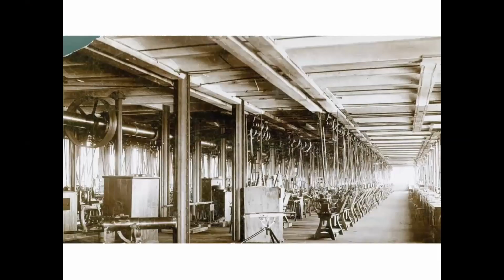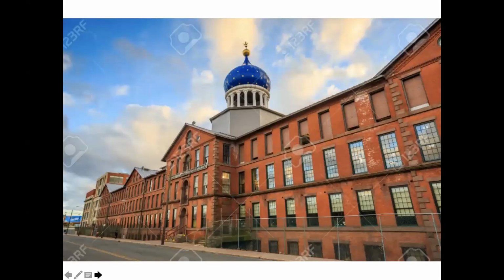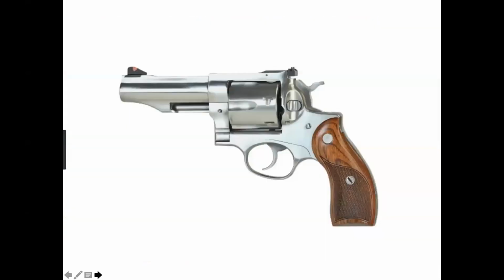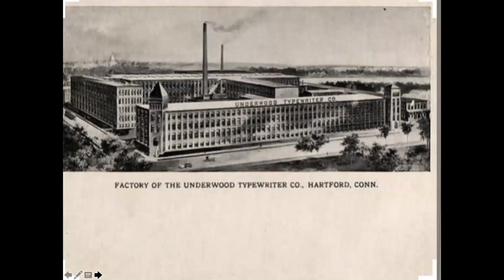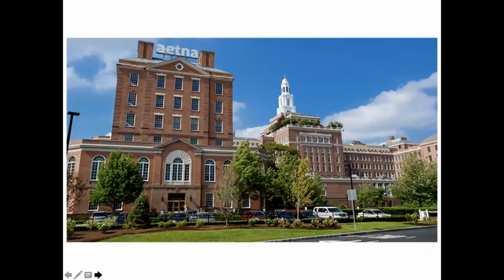It was a center of manufacturing innovation, and today would have been the Silicon Valley of the East Coast. Colt Arms Factory was located there, as was the Underwood Typewriter Factory, the Seth Thomas Factory, and a number of factories making sewing machines, cars, bicycles, etc.